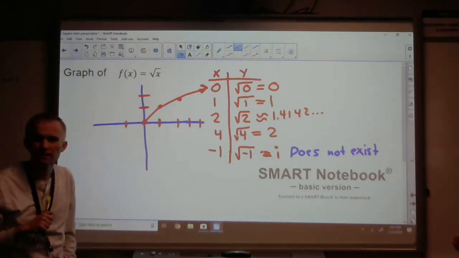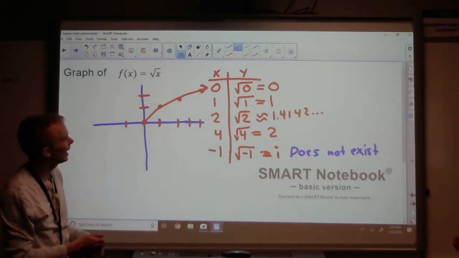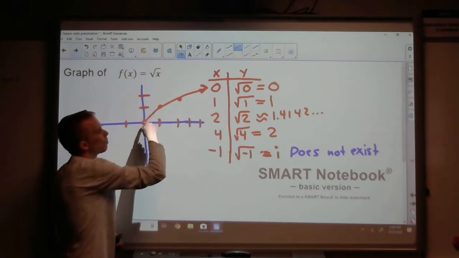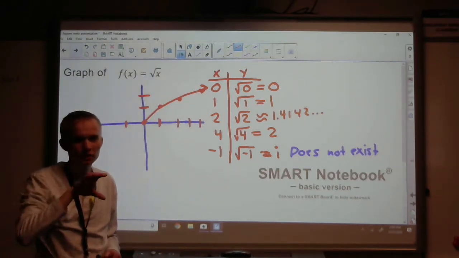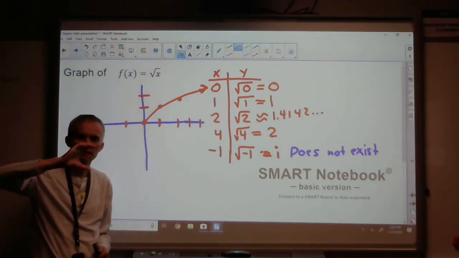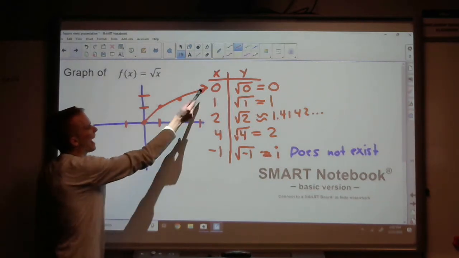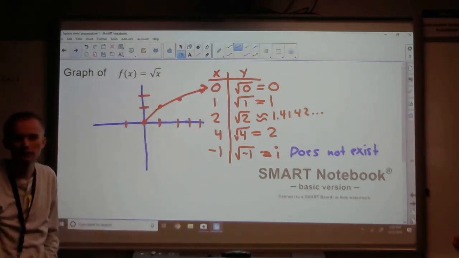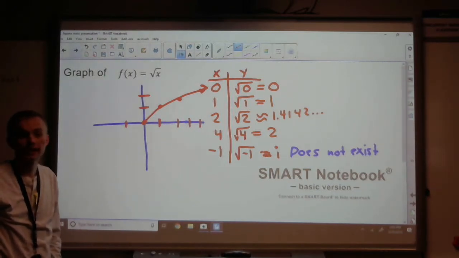In fact, what does this look like? Well, it kind of looks like a parabola. It's just on its side. Instead of being a U, it's kind of like a sideways parabola. Okay? But it's only half of a sideways parabola. Okay? And in fact, that is the shape that it is.